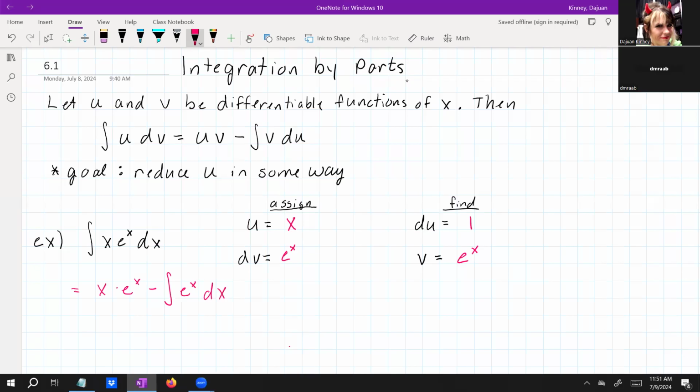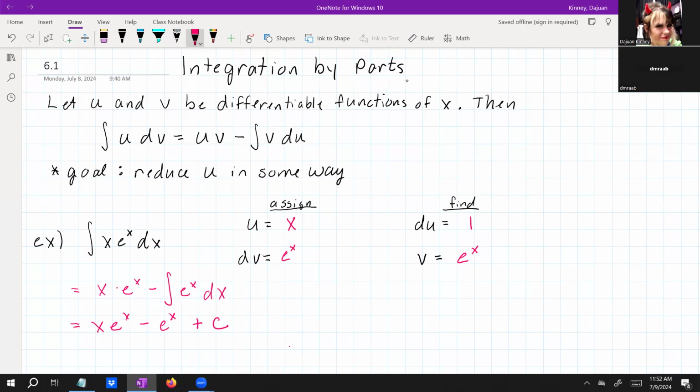So I've taken something that was hard to figure out how to deal with and turned it into something much easier. We know how to take the integral of e to the x. It's just e to the x. We already did that. So our first part doesn't change. But your antiderivative e to the x is just e to the x. And now we say plus c.